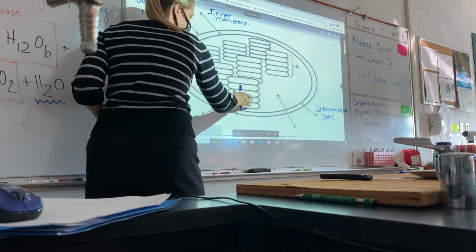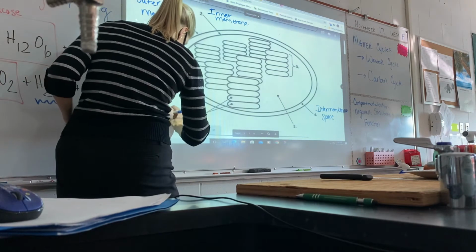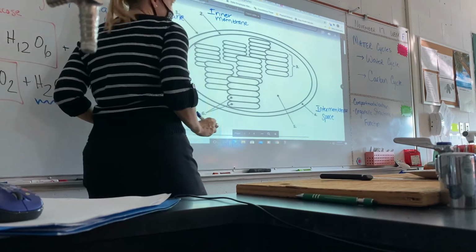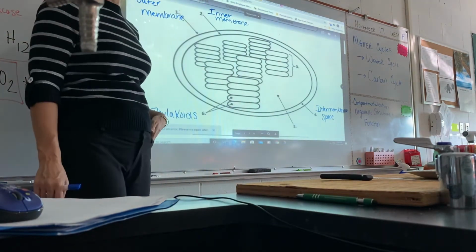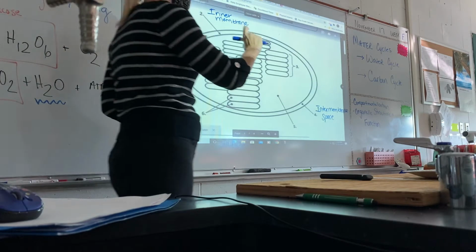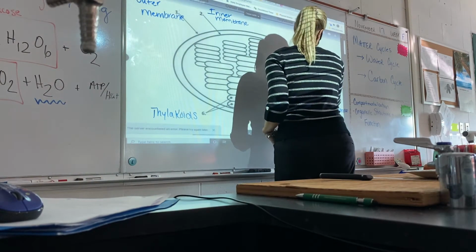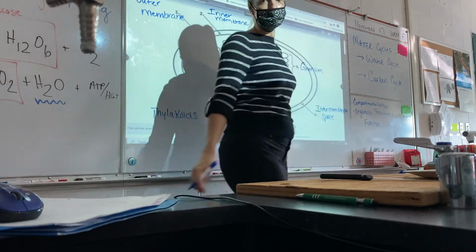These individual flattened disc-like things are called thylakoids. Is that number 6? Yes. Number 6. When you stack those individual thylakoids together, it becomes the grana, or granum, one's plural, one's singular, I forget which one's which.